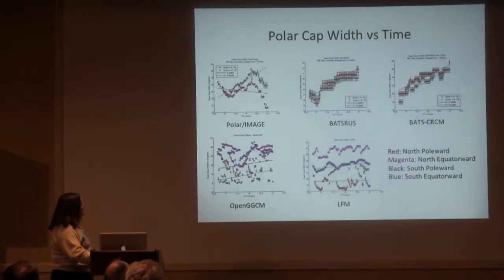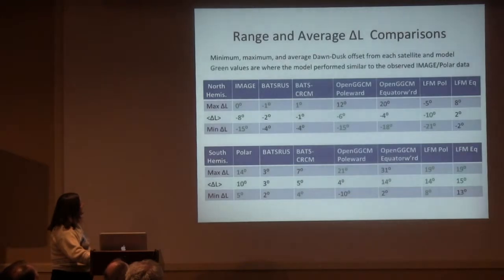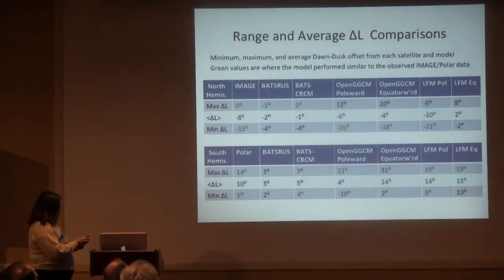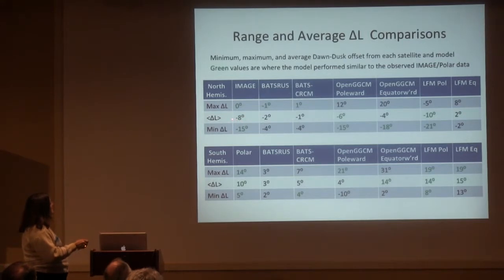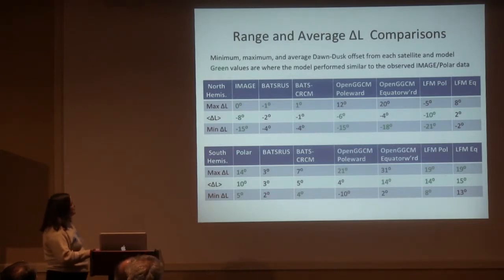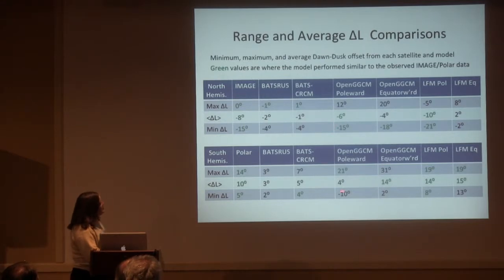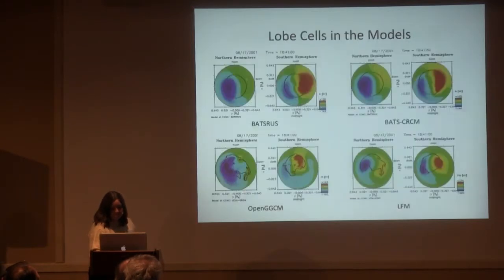And what we find is that if you just now take a single number, which is the average over this whole 2 hours, the average dawn-dusk shift from the data is minus 8 degrees in the northern hemisphere and plus 10 in the southern hemisphere, and you compare with the BATS. We're way larger than the BATS as far as the total shift, but we're much more comparable in the shift with either the Open GGCM or the LFM.